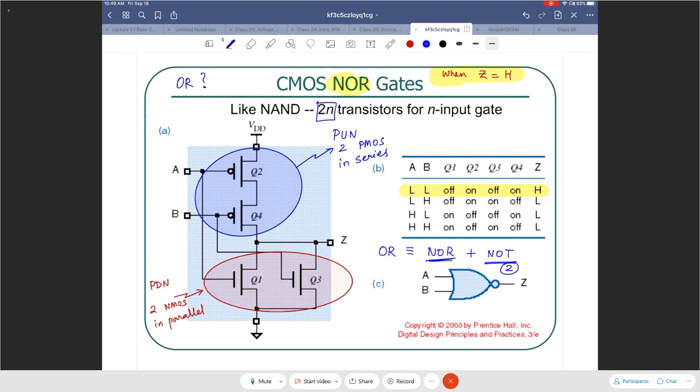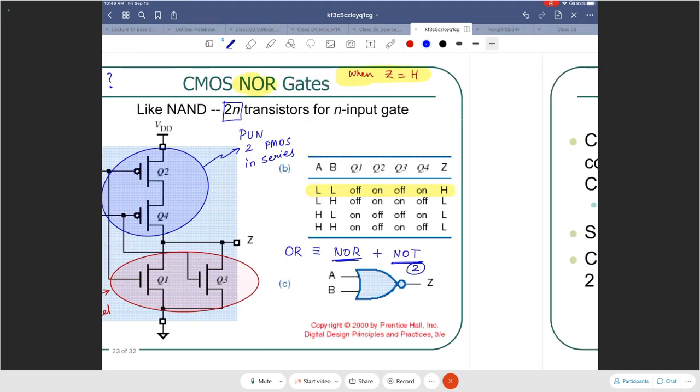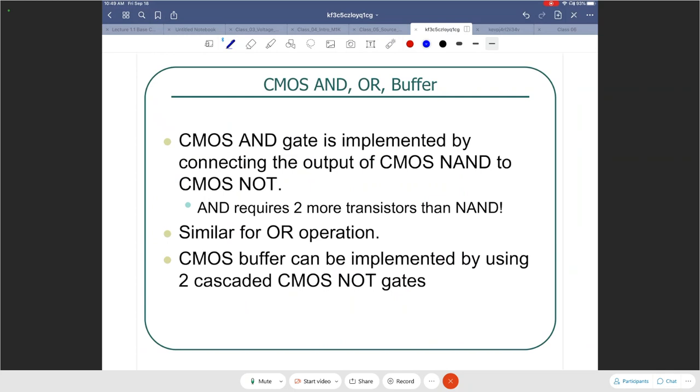Let's quickly recap what we have dealt with so far. CMOS AND, OR and buffer are actually related to NAND, NOR, and a NOT gate. So if you want a CMOS AND gate, we would need to connect the output of the CMOS NAND gate to a CMOS NOT. And we made this conclusion before. AND requires 2 more transistors than NAND. And a similar operation for OR, right?